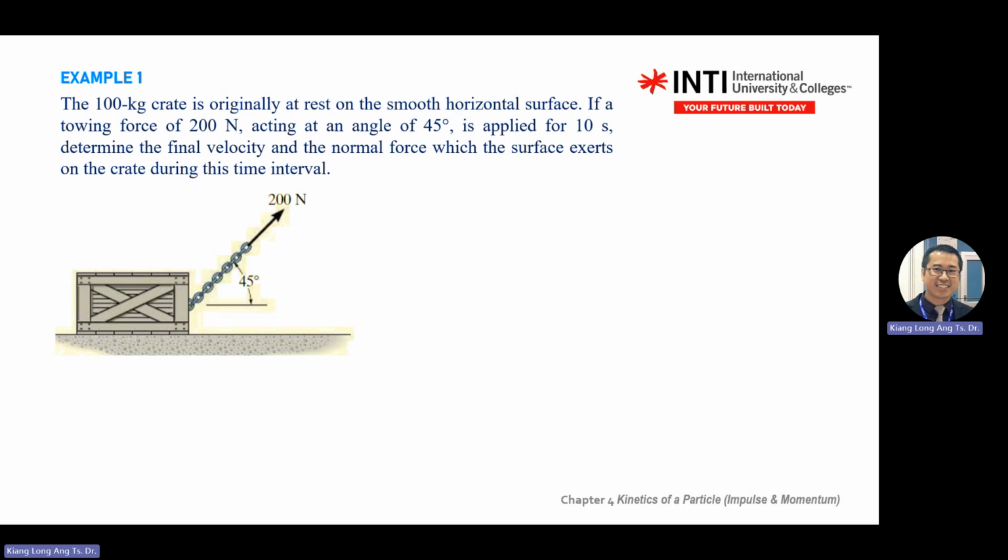Why is there no friction coefficient? It tells you it is a smooth horizontal surface, so friction is 0. Then there is a normal force. Can you draw the free body diagram for this one? It's easy, right?